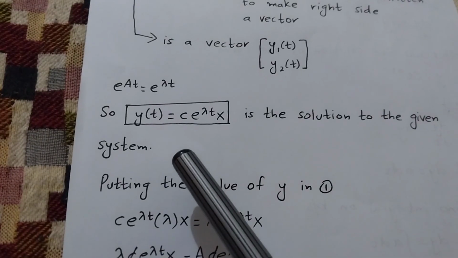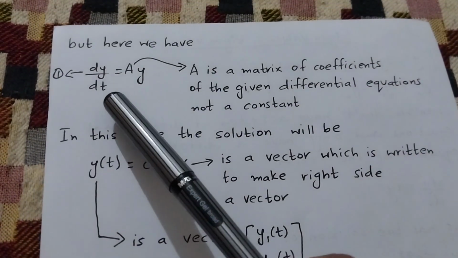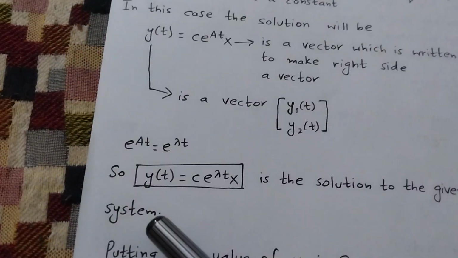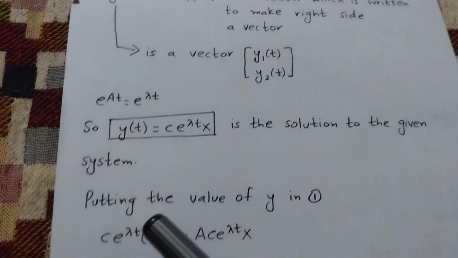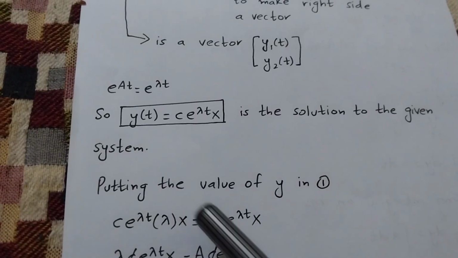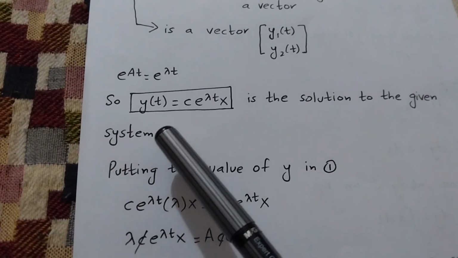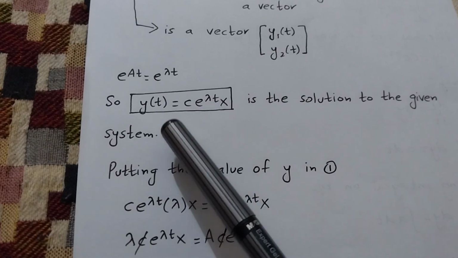The differential equation was dy over dt is equal to capital A into y, and we are putting the value of this y in that particular equation. So we had dy over dt, so we'll be taking the derivative of this equation.